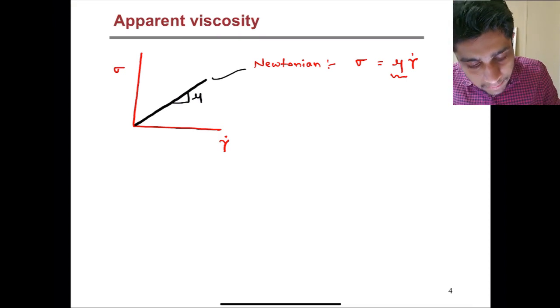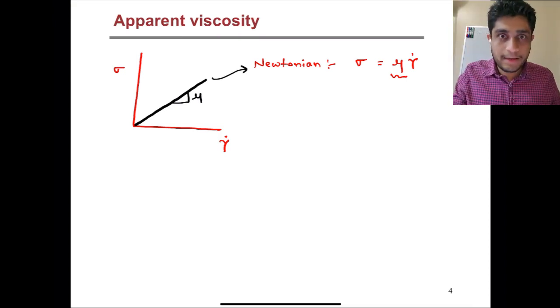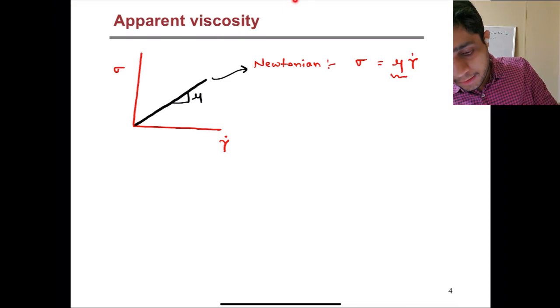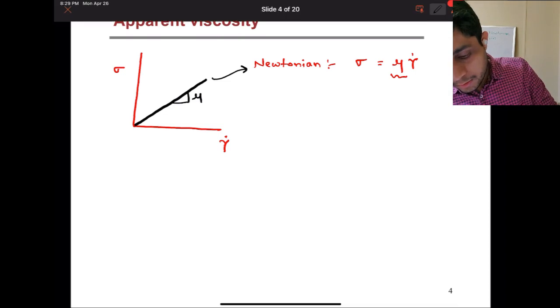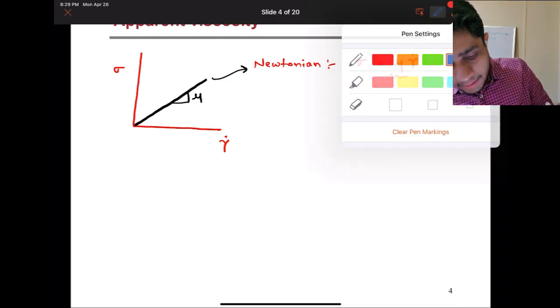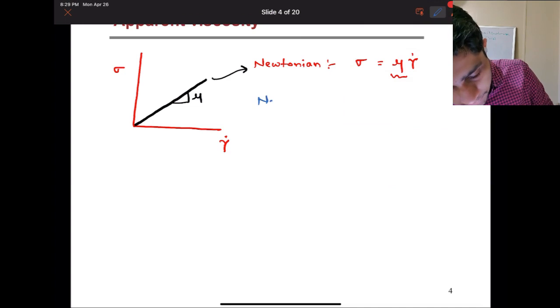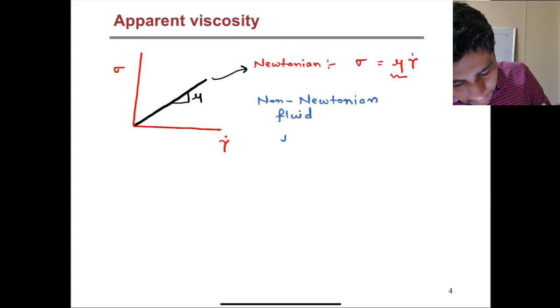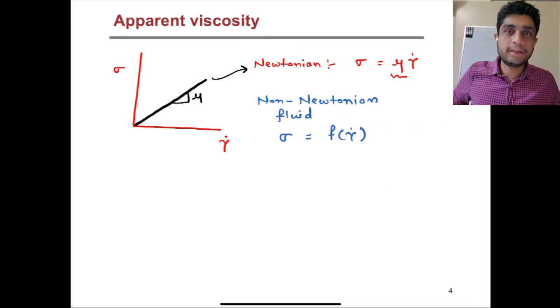So this is for a Newtonian fluid, but as I mentioned, non-Newtonian fluids do not follow Newton's law of viscosity. So for a non-Newtonian fluid, the shear stress is some complicated function of the applied shear rate.